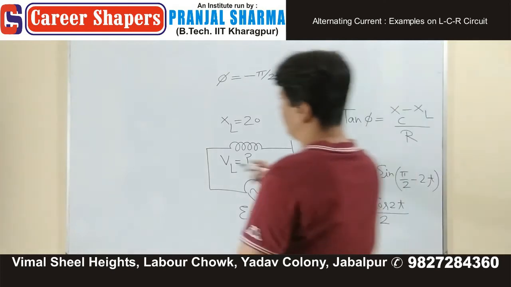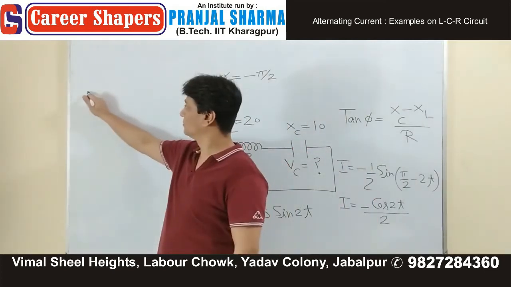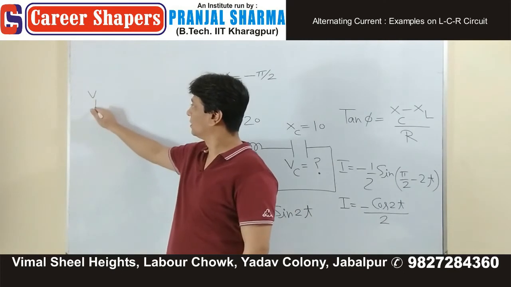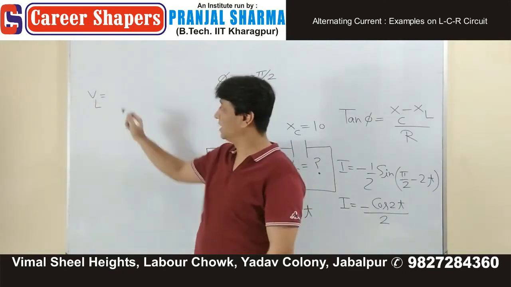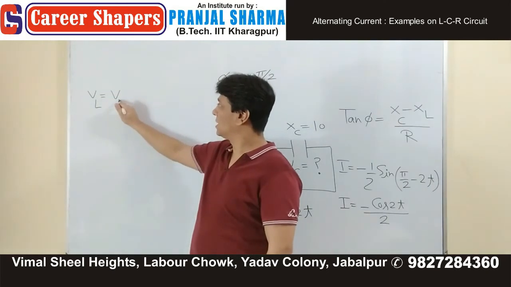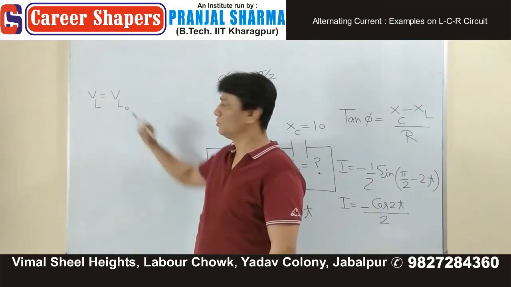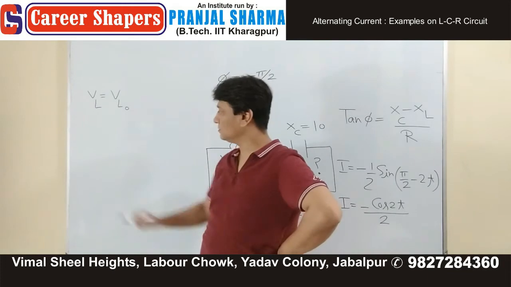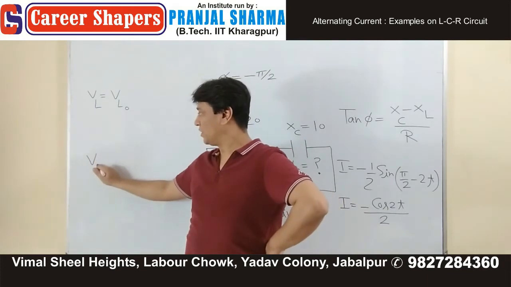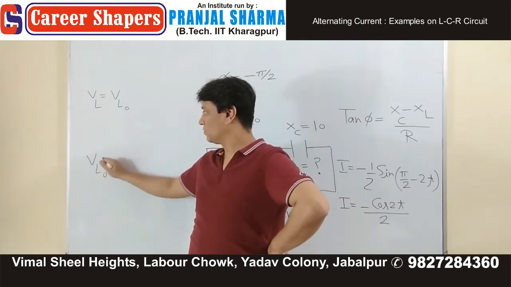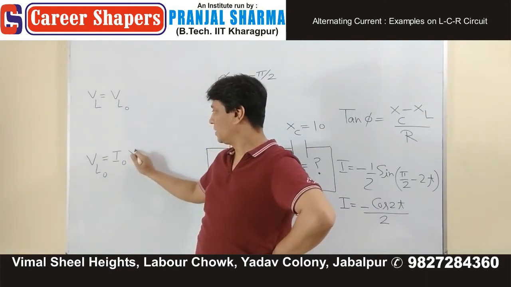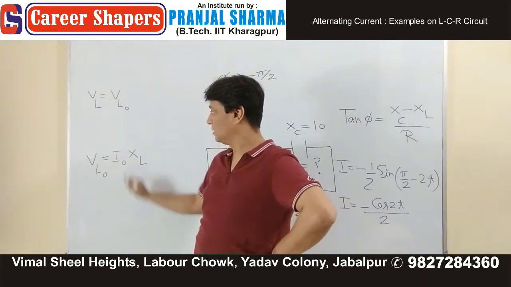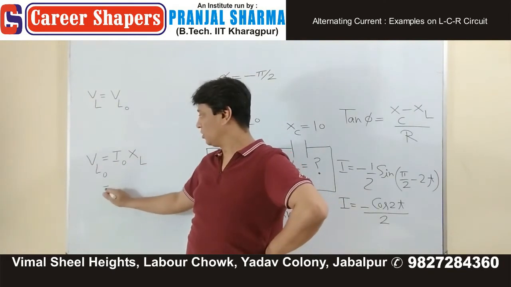So if I need VL, then what was VL? VL had a peak value VL naught. How did we obtain VL naught? VL naught was I naught multiplied by XL. We have the value of I naught.